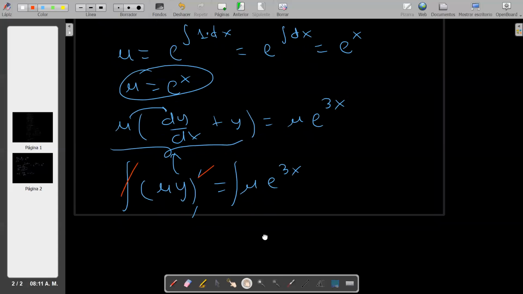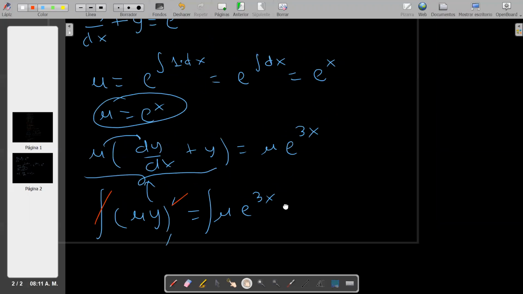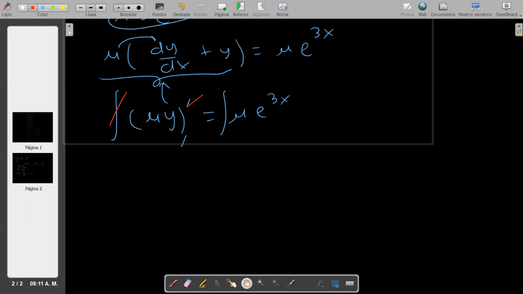And what is the integrating factor? e to the x, right? And we're left on the left side with mu times y, and on the right side, mu times the right-hand side, with respect to x, of course.